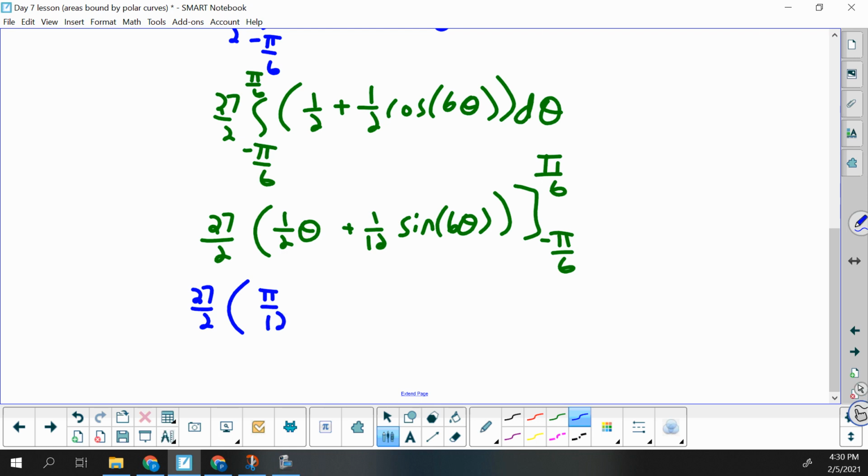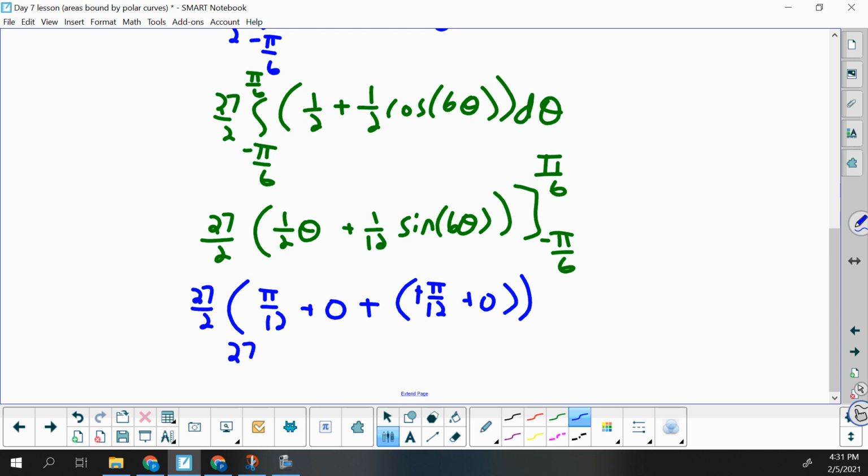Pi over 6 times 6 gives us pi. Sine of pi is 0. Minus, start a parenthesis. We'll get negative pi over 12 when we sub into the 1/2 theta. Negative pi over 6 times 6 is negative pi. All integer multiples of pi are 0 for sine. Minus the minus will make this a plus.